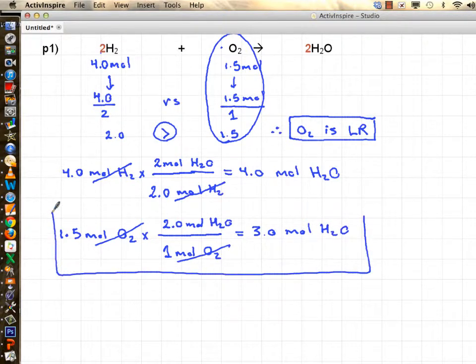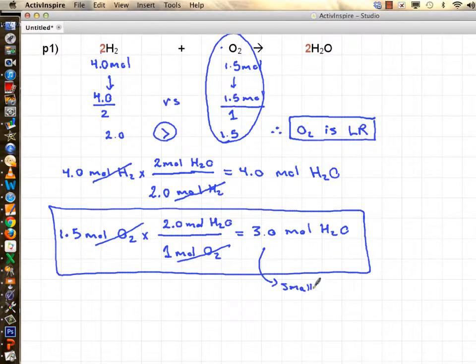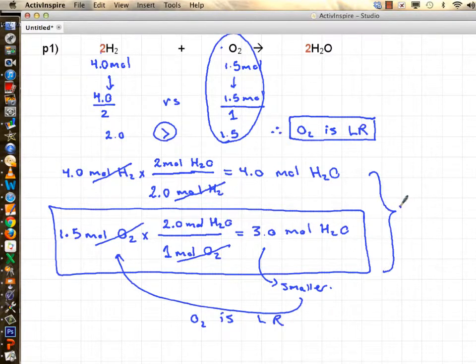Definitely 3 moles of H2O is a smaller quantity than 4 moles. So this is smaller, and this indicates that oxygen, O2, is the limiting reactant. Now these two calculations were not needed, although I have an intention in mind. I want you to learn eventually how you are going to play with numbers.